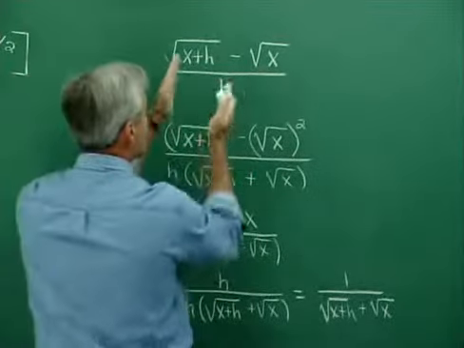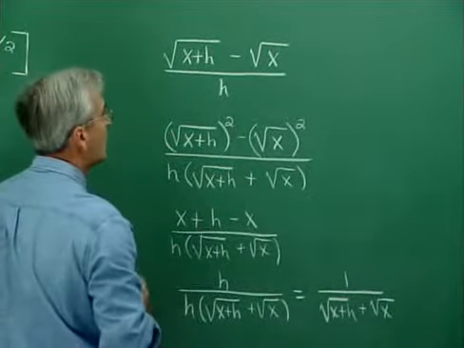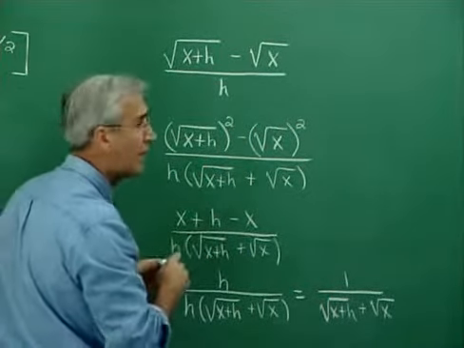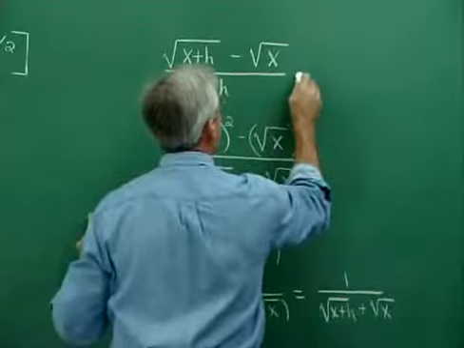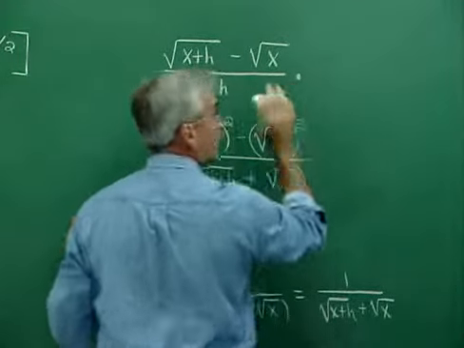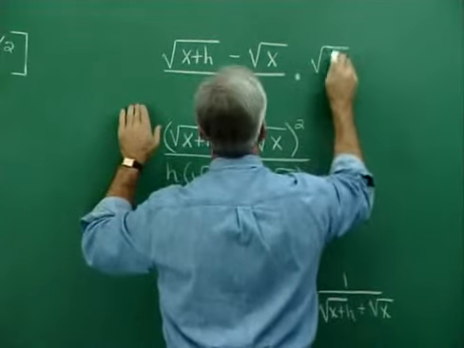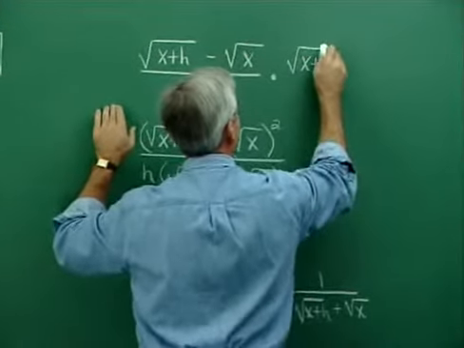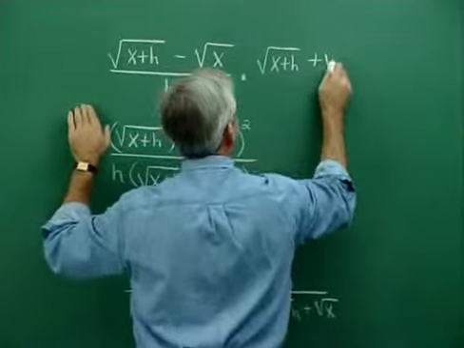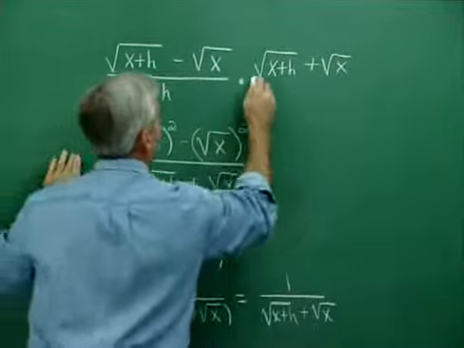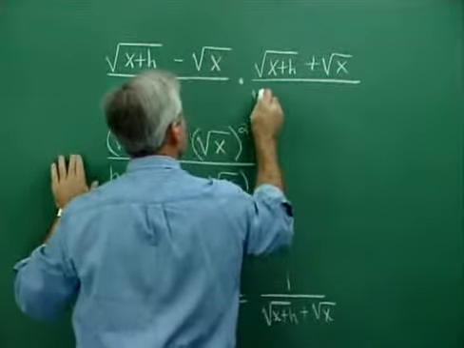When binomials are involved in that process, you may recall that we multiply by the conjugate. So here we would be multiplying by the conjugate, the same binomial with a different sign, so it's the square root of x plus h plus the square root of x. And in the denominator, the same thing.